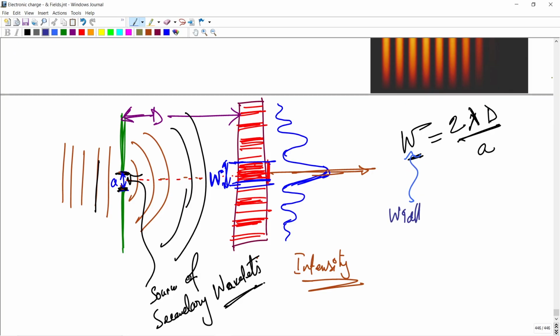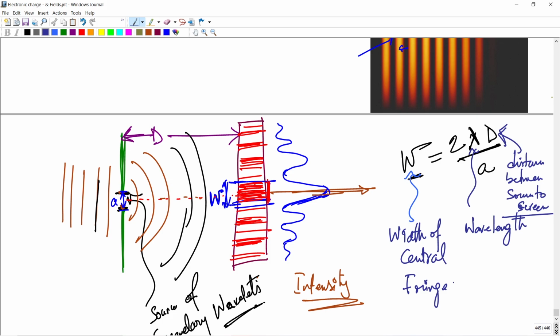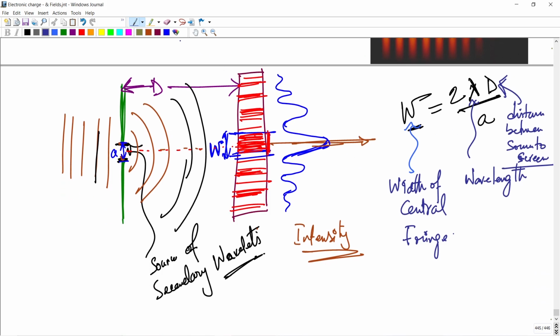Lambda is obviously the wavelength. D is the gap between the source and the screen. And a is the slit gap, or slit width.